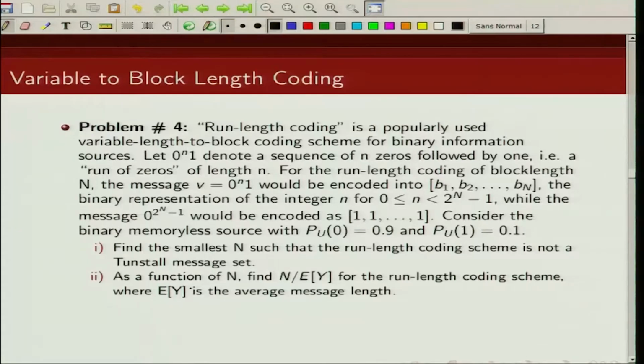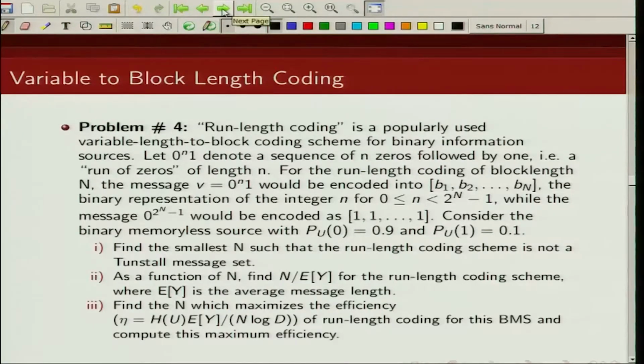The next question is, as a function of this n, find the ratio of output code word length, which is n, divided by the expected code word length of the input, which is the expected value of y. Find this ratio as a function of n. And the third part is to find a value of n which will maximize this efficiency. In other words, find a value of n which will minimize this ratio.